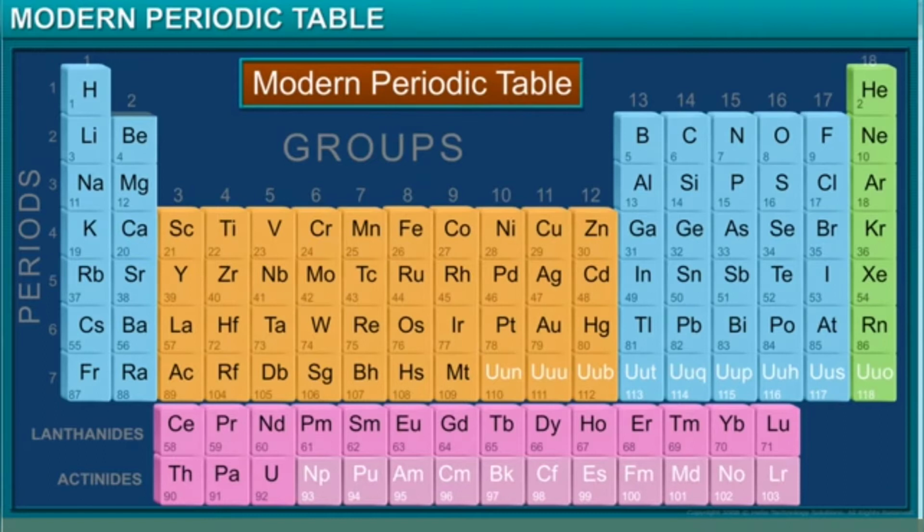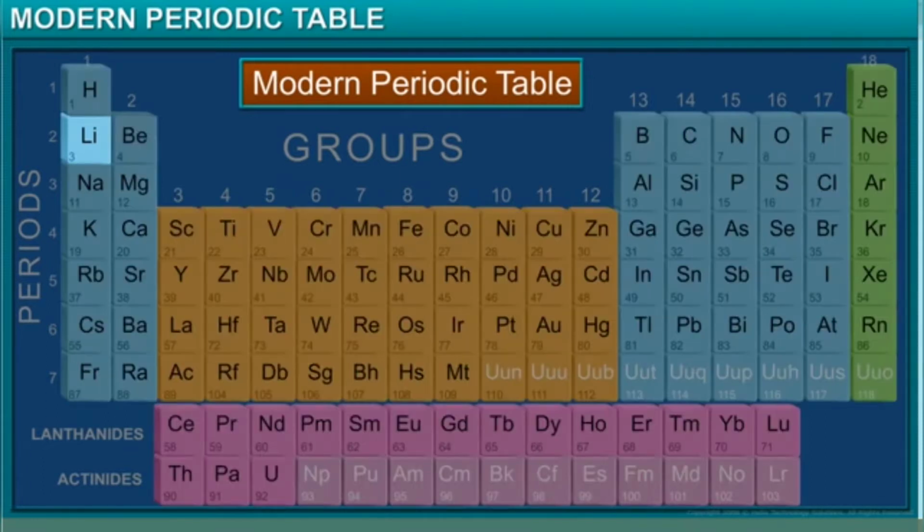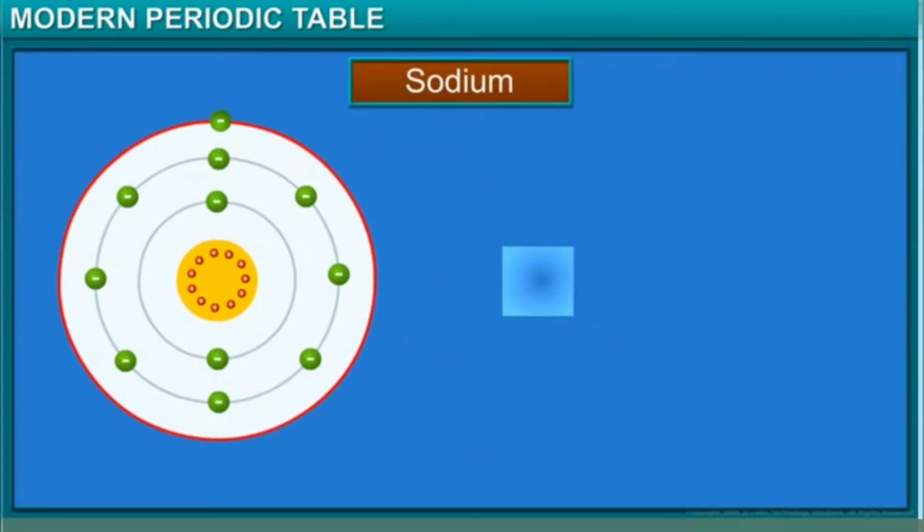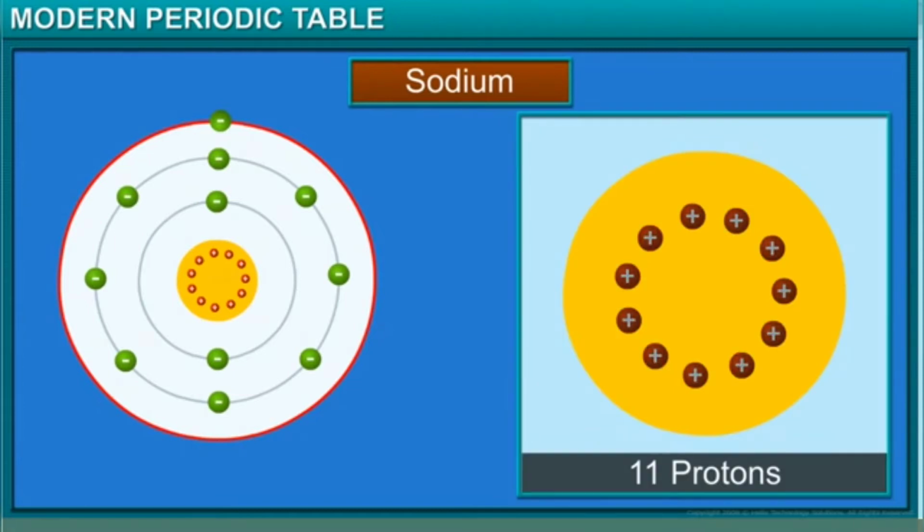The properties of elements could be predicted with more precision when elements were arranged on the basis of increasing atomic number. For example, the sodium atom contains 11 protons and 11 electrons.